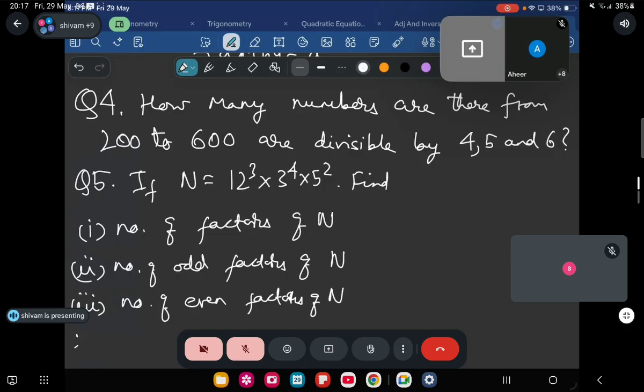Number 4, number of ways n can be written as a product of two numbers. Solve everyone, solve. Once you have done it, keep sending your answers.